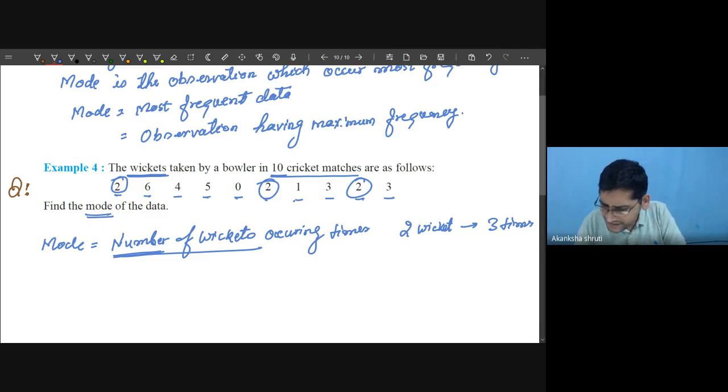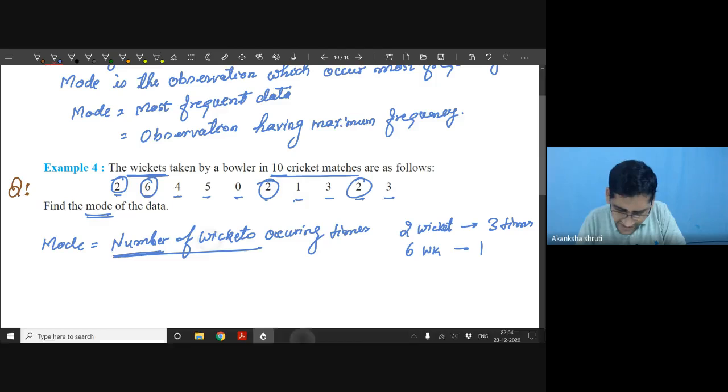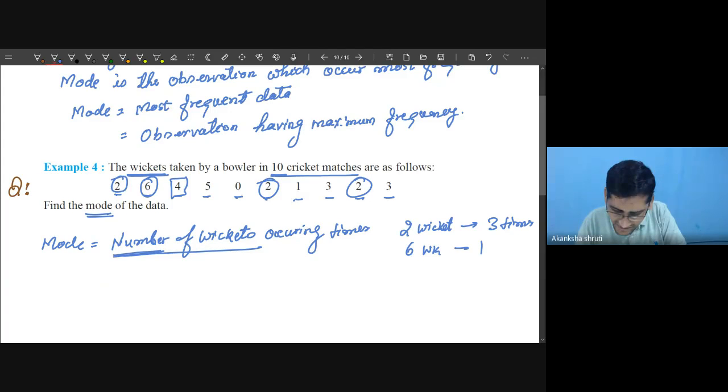Now if we consider the 6 wickets, how many times? Only 1 time. If we consider the 4 wickets, also 1 time. If we consider the 5 wickets, yes, this 5 wicket is also 1 time.